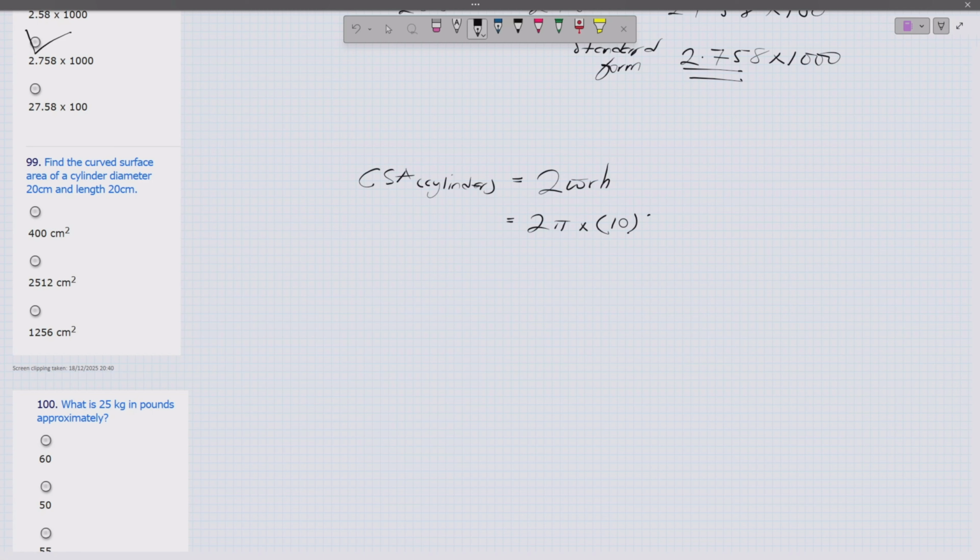The height is 20, so 20. You will get 10 times 20 times 2, that will be 400 pi, which is approximately 1256 centimeters squared.